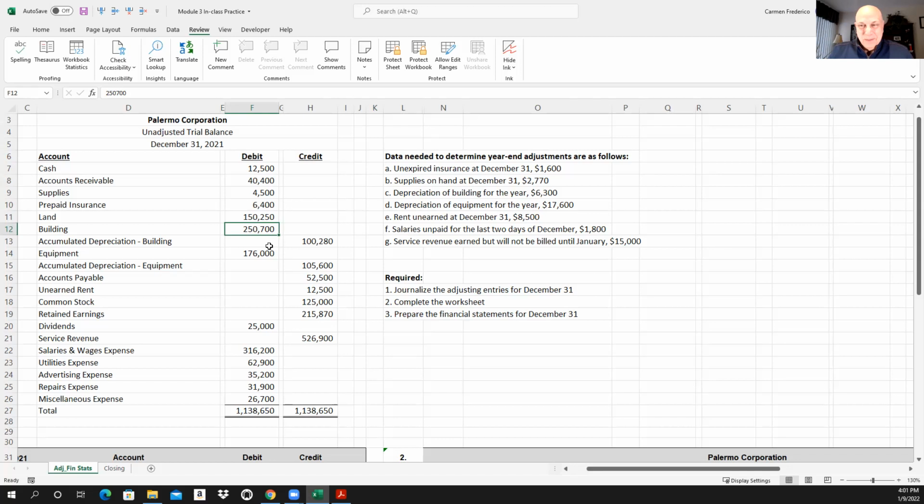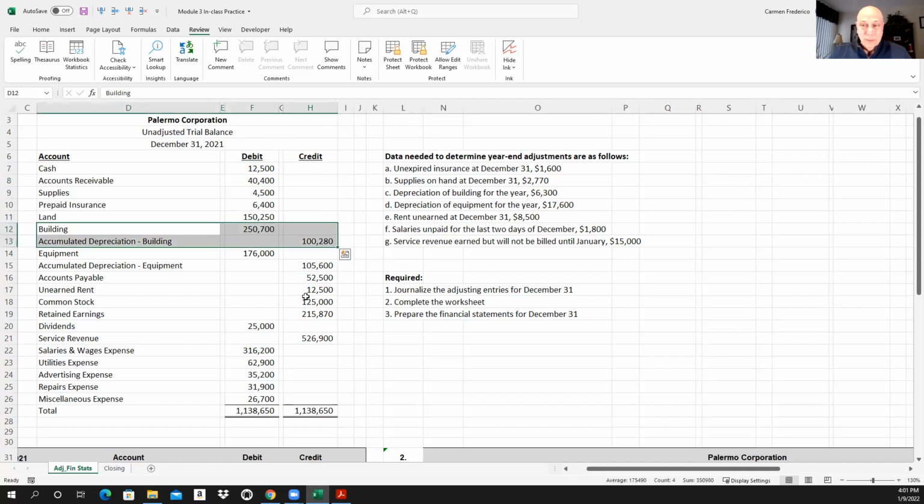That's not really what they said, but it seems like that. Well, we have an account called accumulated depreciation on buildings, which is a contra asset account. What does contra asset mean? It means it's a contrary balance. All assets have a left side balance. Well, the accumulated depreciation has an opposite balance, or a contrary balance. They call it a contra asset account.